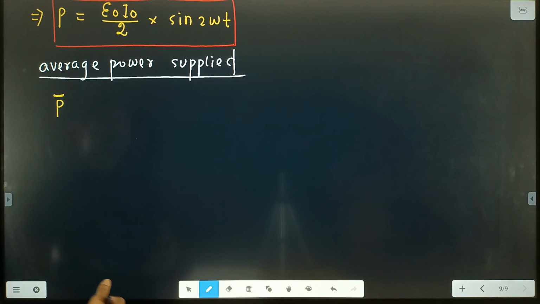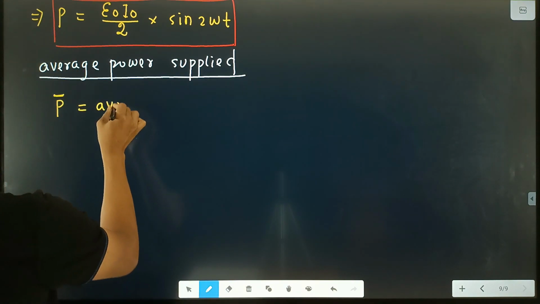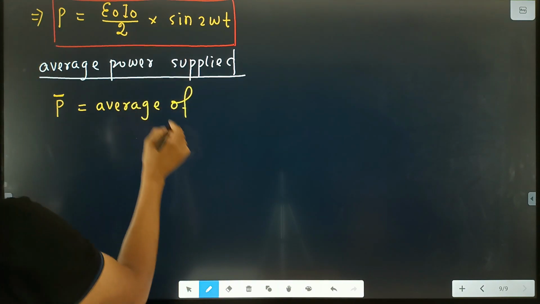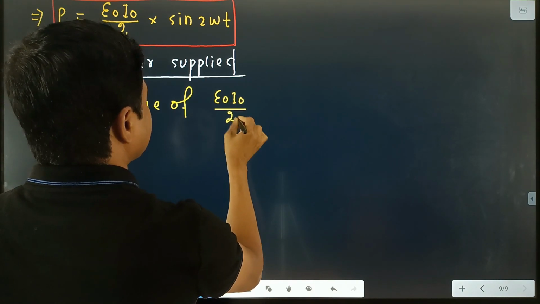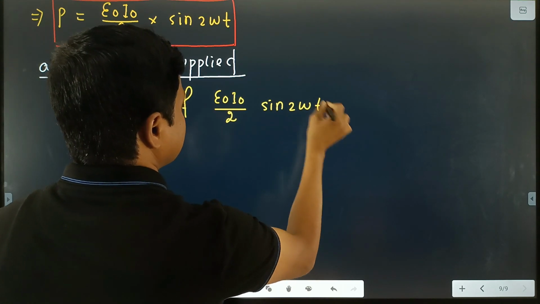This bar is for the average. This is equal to, we calculate the average value of the right side, that is E0 I0 divided by 2 sin 2 omega t.